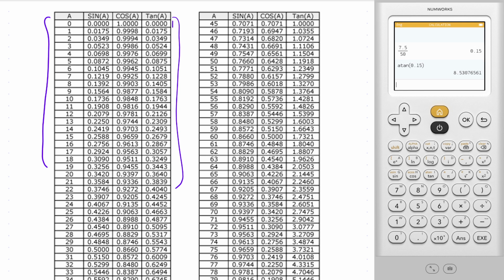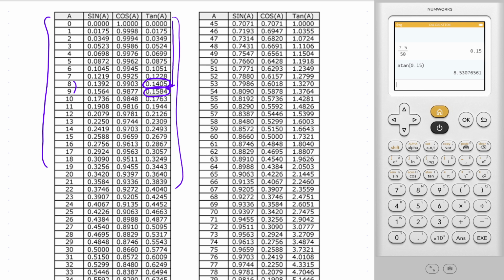As I go down this list, I'm looking for 0.15, and I see here I have 0.14, and here I have 0.16 if I round to the nearest hundredth. So the angle should be between 8 and 9, and in fact, as we see in the calculator, it is 8.53, etc.